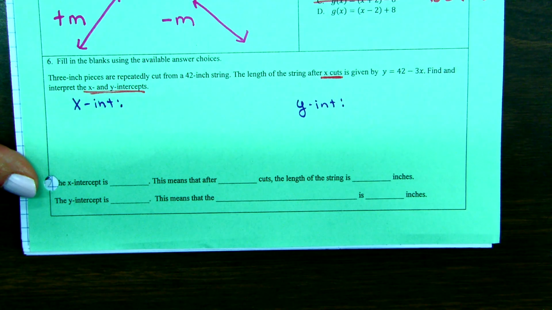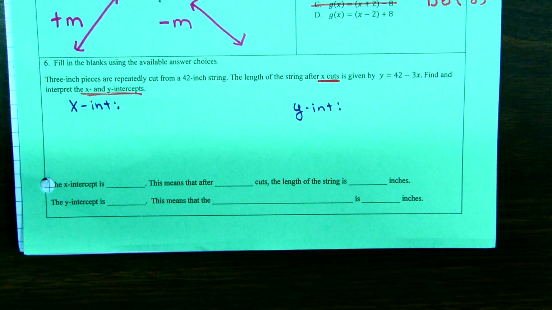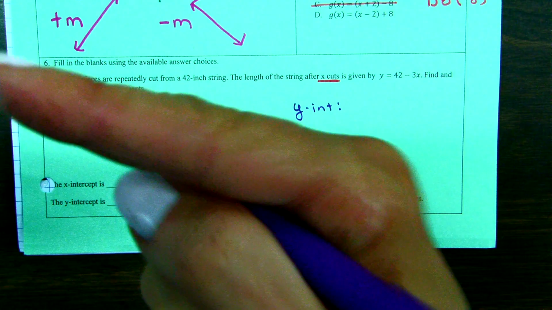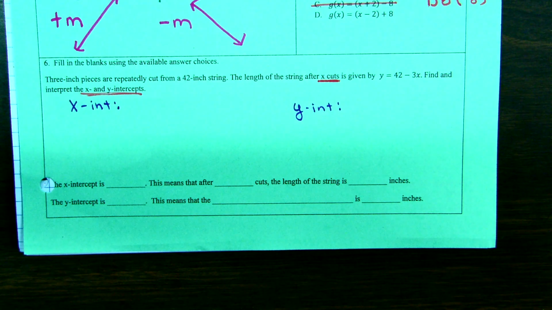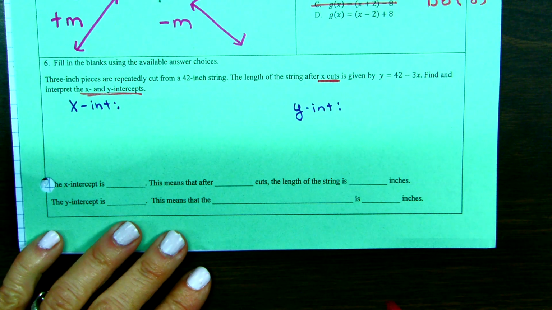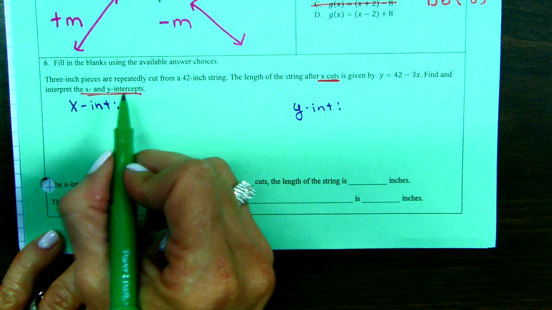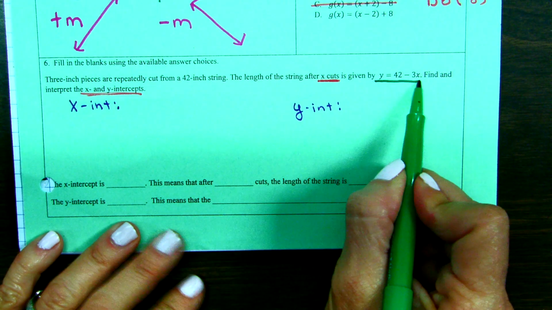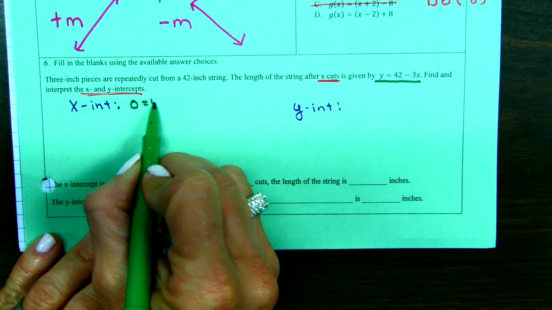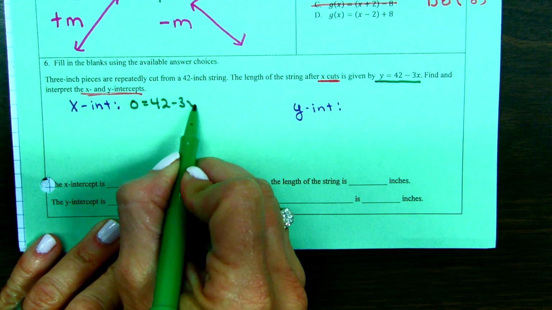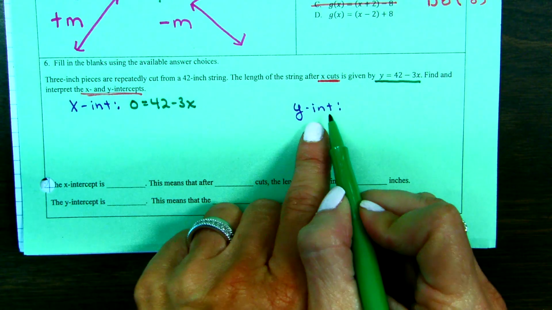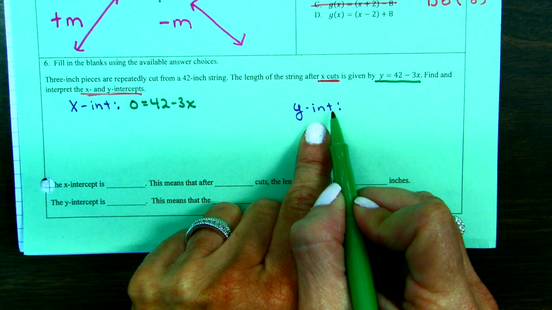I remember she said, anytime I have to find intercepts, I'm plugging in 0 for the opposite letter. So for the x-intercept, I'm going to plug in 0 for y. Here's my equation: 0 equals 42 minus 3x. For my y-intercept, I will plug in 0 for x.